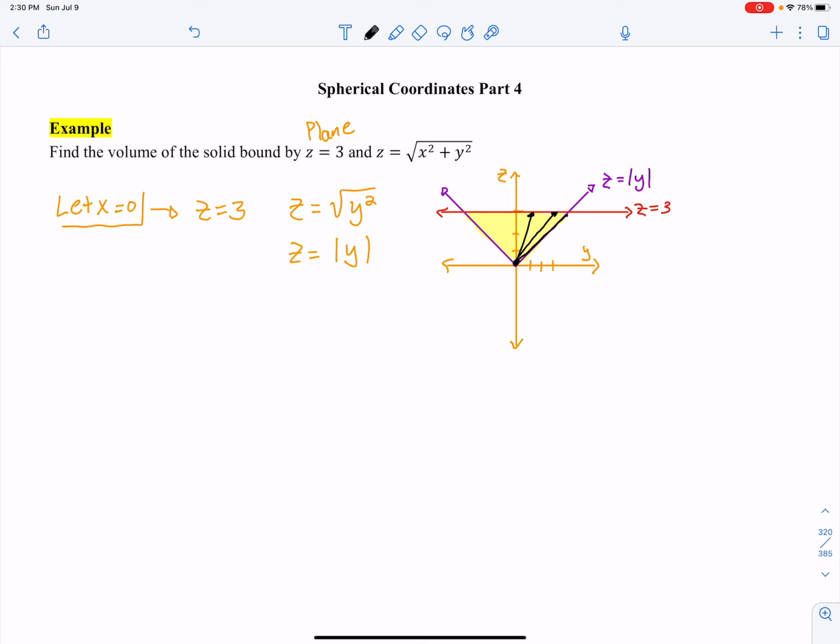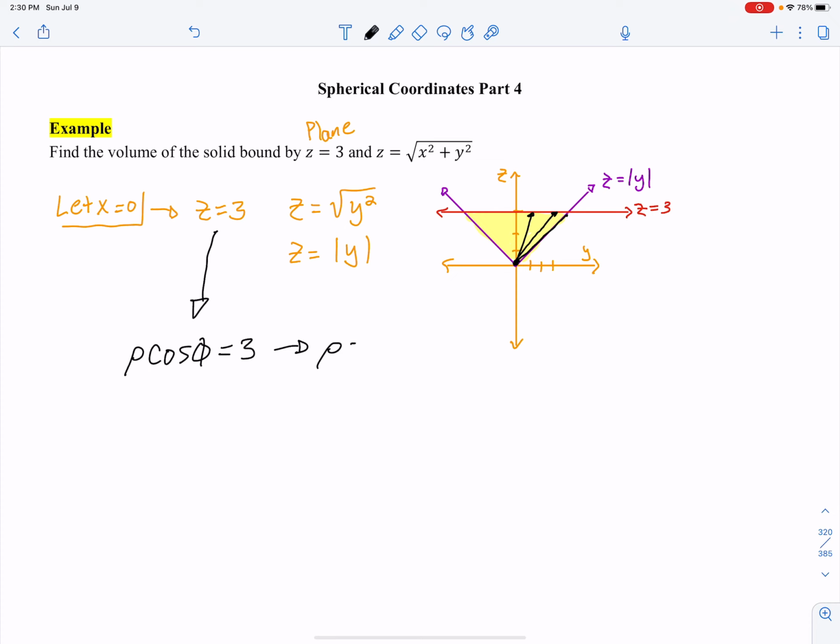Well, what I can do is just use the formula for z going to spherical. So it's rho cosine phi equals 3. All I did was replace z with its definition from spherical coordinates. But I'm trying to solve for rho because I really like to bound rho.